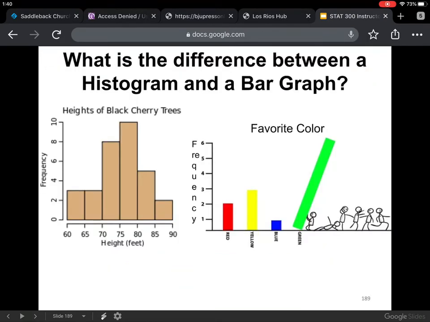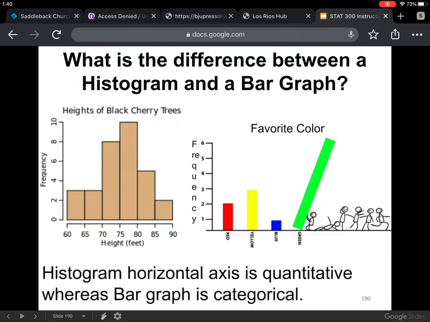So what is the difference between a histogram and a bar graph? There's a couple of differences that I'd like you guys to remember. Those differences are that in a histogram the horizontal axis is quantitative, whereas a bar graph has categorical values. So this is a histogram. Here is categorical, categorical, categorical. And that's the difference between a bar graph and a histogram.